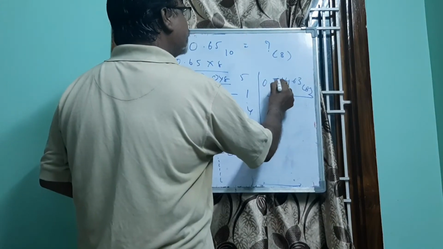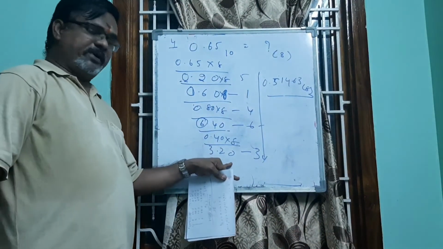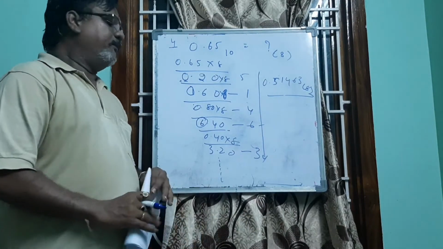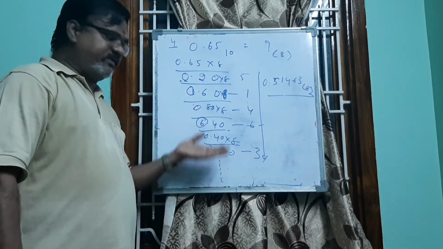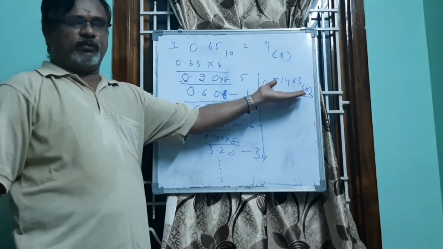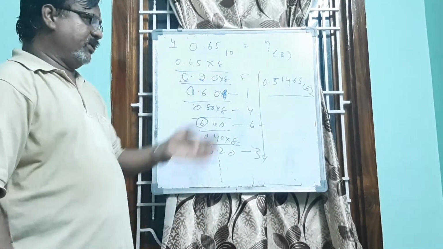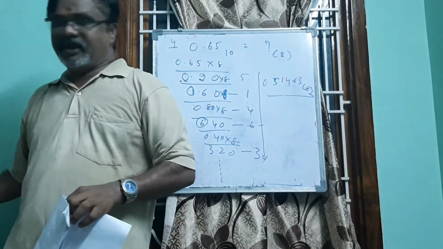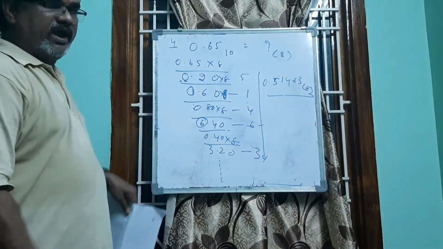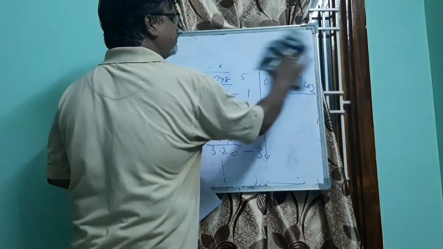Sometimes if it is going to end with zeros in the multiplication part, you can conclude over there. But if it keeps on continuing like this, then you have to put the full stop somewhere. That depends upon the question you are going to get in the examination. So this is one example of converting a decimal fractional number into an octal number.